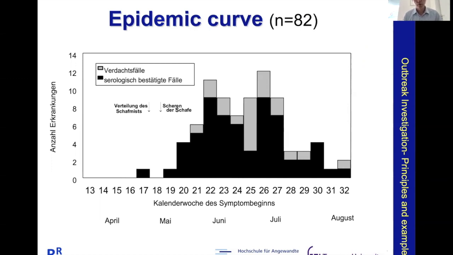Again, we find this epidemic curve. And now I'm wondering if you have listened to the earlier part of the presentation. What kind of transmission do you expect with this epidemic curve?